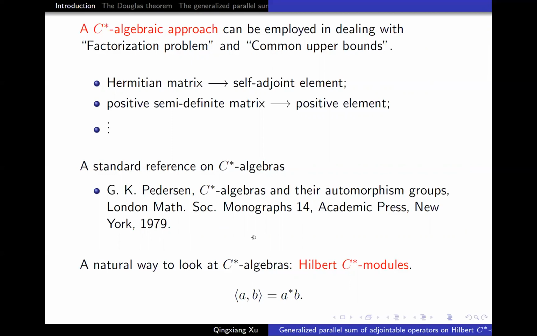I know that many of you should be familiar with the theory of Hilbert spaces, also some general theory about linear operators, and the theory of C*-algebras probably may not be so natural as that of Hilbert spaces. So we can take another look in the general setting of Hilbert C*-modules, because every C*-algebra can be considered as a Hilbert C*-module if we choose the inner product in this way.